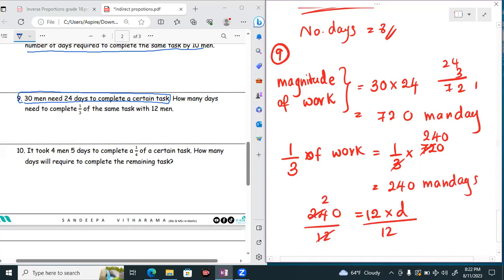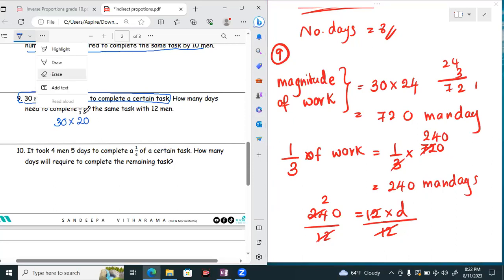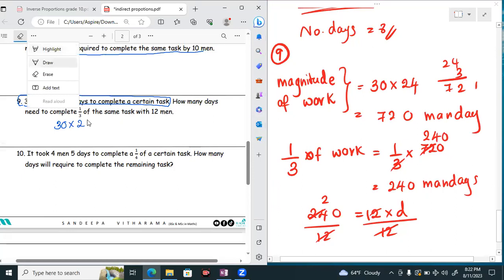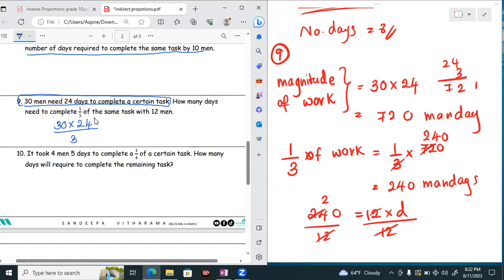Okay, that means when you calculate this one, if you understand the question properly, you can do the calculation like this: 30 into 24 divided by 3. This gives 1/3 of the work.